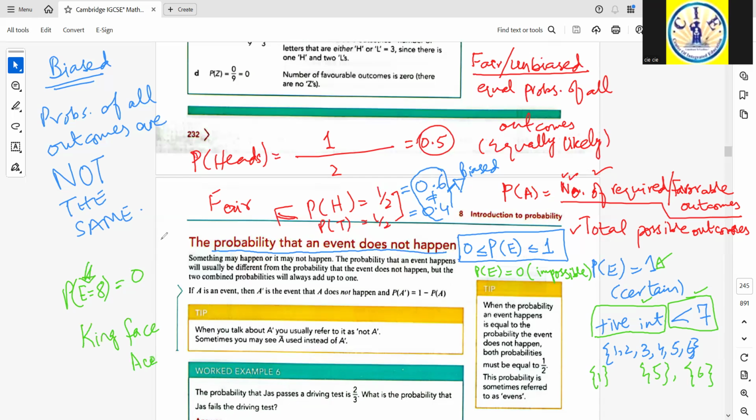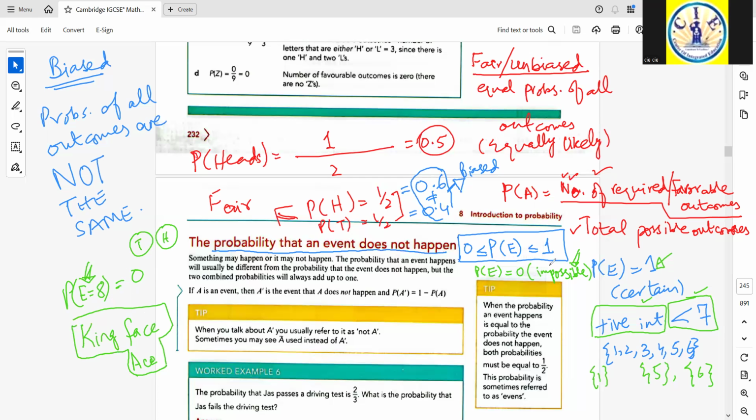Any coin either has heads or the other face has tails, so we just refer to heads or tails. In the case of a king or an ace, the coin is not going to have any of these outcomes. So that event is going to have a probability of 0, or that event is going to be an impossible event.